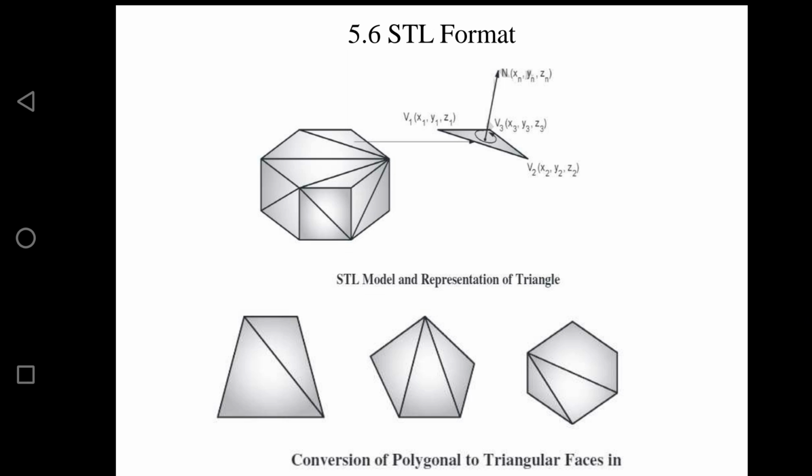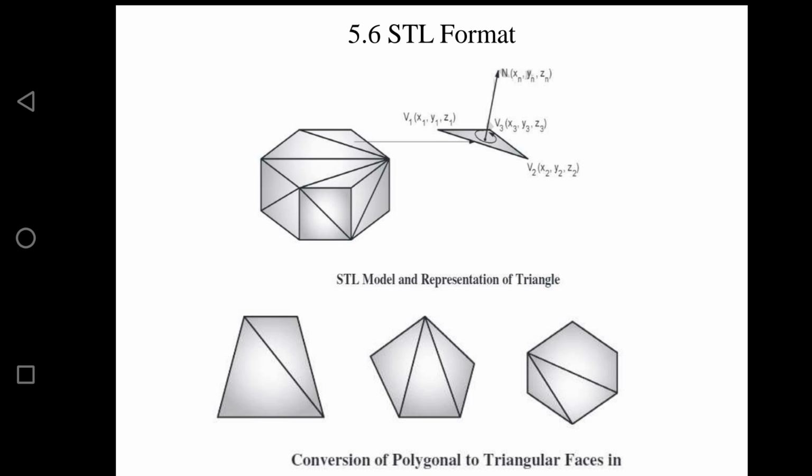Okay, so that is the format. So different 3D CAD packages use different algorithms to represent the solid objects. Okay, but in order to achieve uniformity and standardize the 3D model for rapid prototyping, these CAD file formats are converted to STL file format.